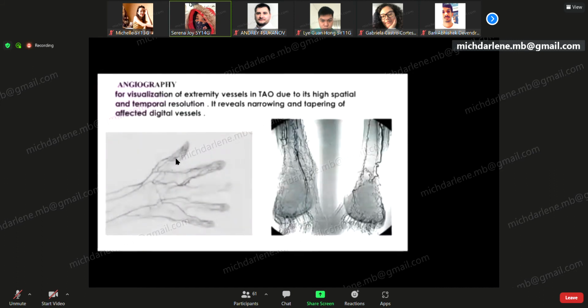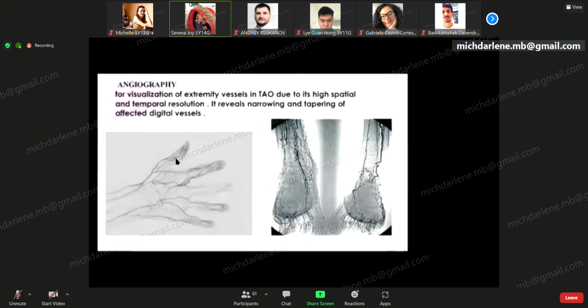And on angiography for visualization of extremity vessels in thromboangiitis obliterans, there is a high spatial and temporal resolution. It reveals narrowing and tapering of the affected digital vessels.